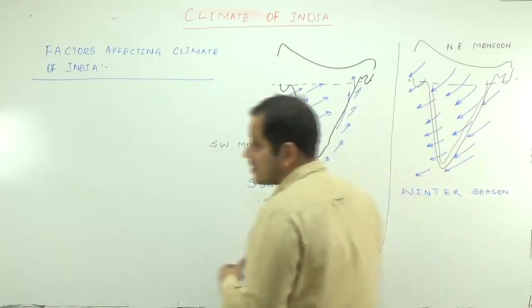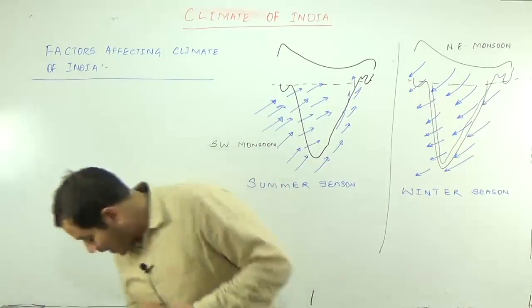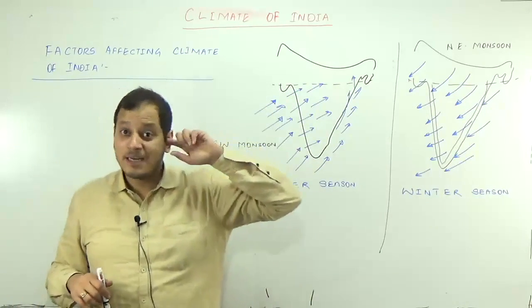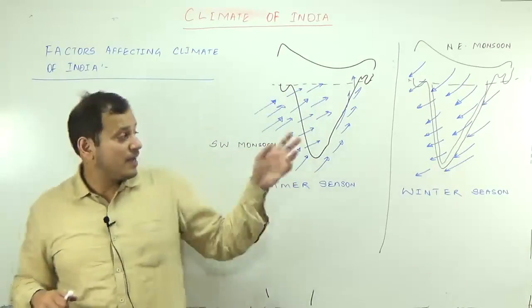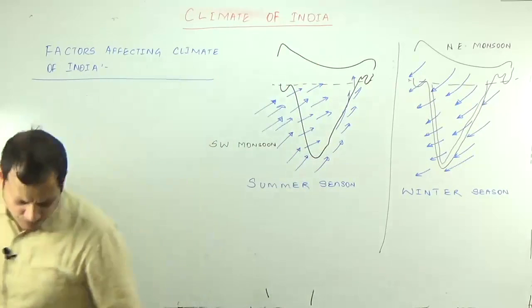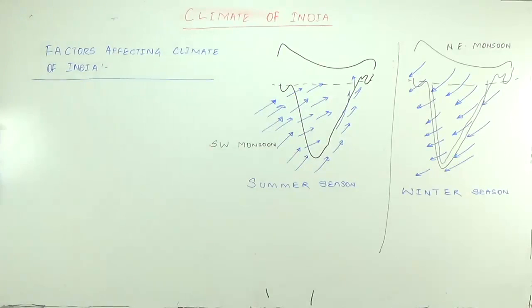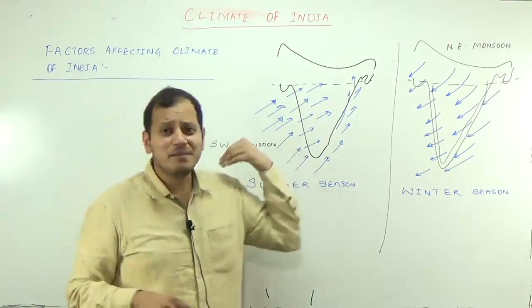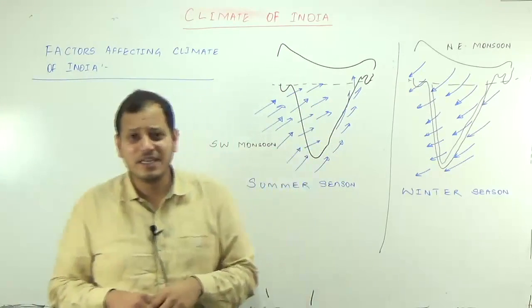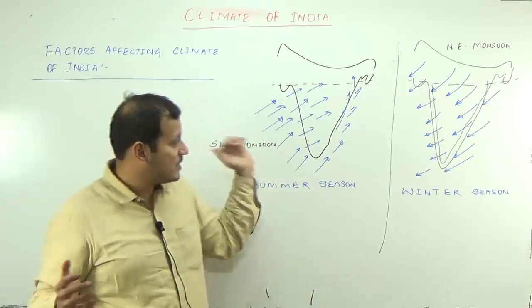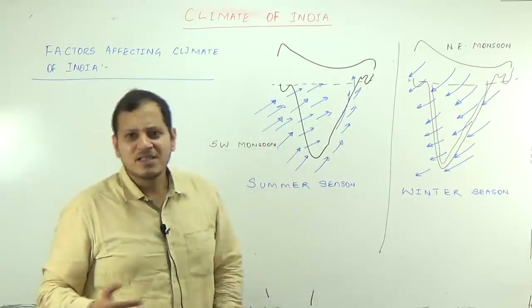The Tropic of Cancer passes exactly through the middle of India. We have done which states the Tropic of Cancer passes through. So it is located in the northern hemisphere, in between the subtropical and the temperate region, and it lies between 8 degrees to 37 degrees north. Its tip lies near 8 degrees, Kerala. 23.5 degrees passes exactly through the middle of India. You see its latitudinal extent, that it lies in the tropical regions.